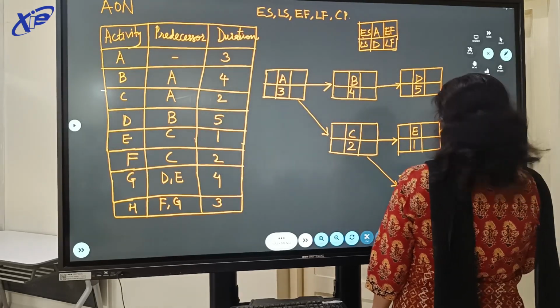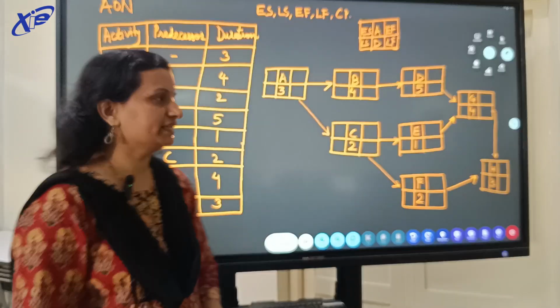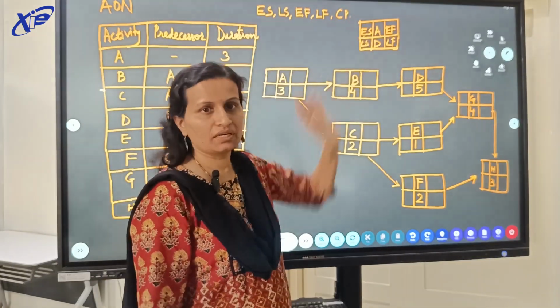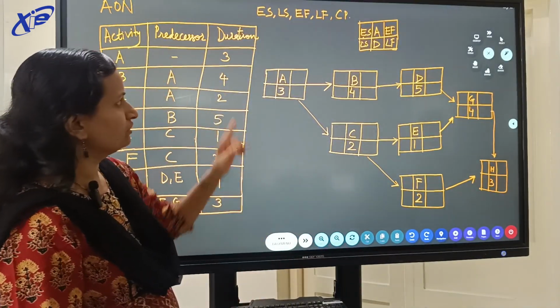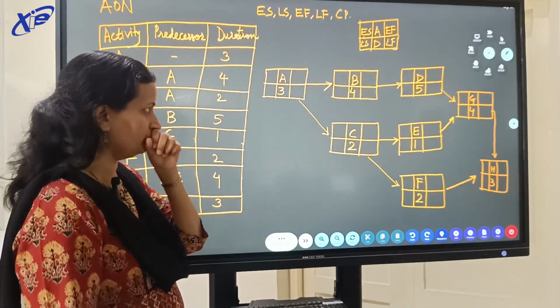So we have completed the activity on node diagram using the template given above. Now we have to find the values of ES, EF, LS and LF respectively.